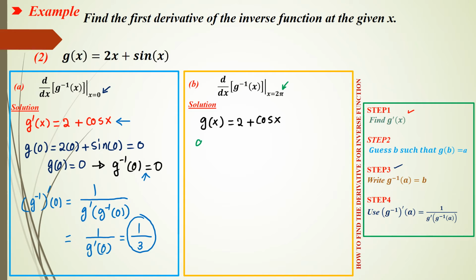So you can easily see that g of pi equals 2 pi plus cosine pi plus sine pi, sorry, because we are talking about the original function g of x. So sine of pi equals 0, and you will get 2 pi. So when we replace pi, you get 2 pi, which is the number required in this question.